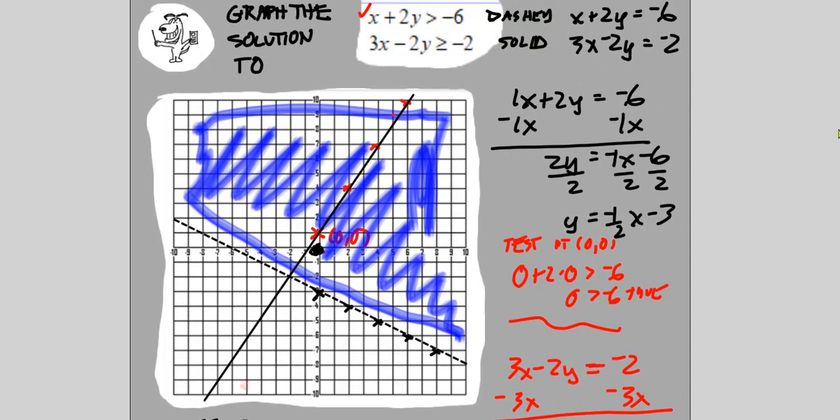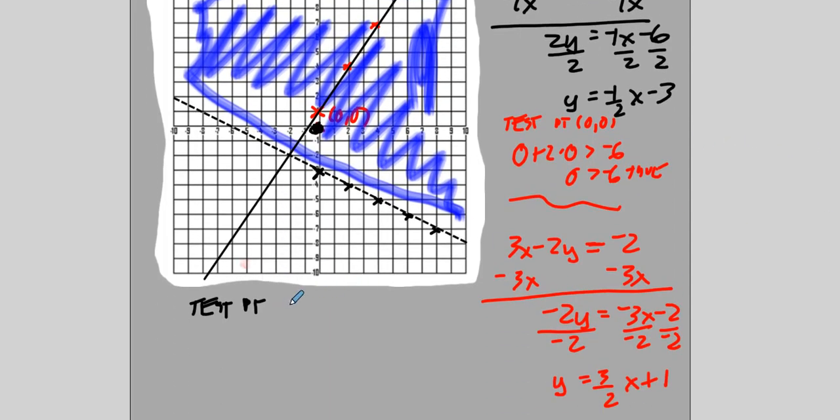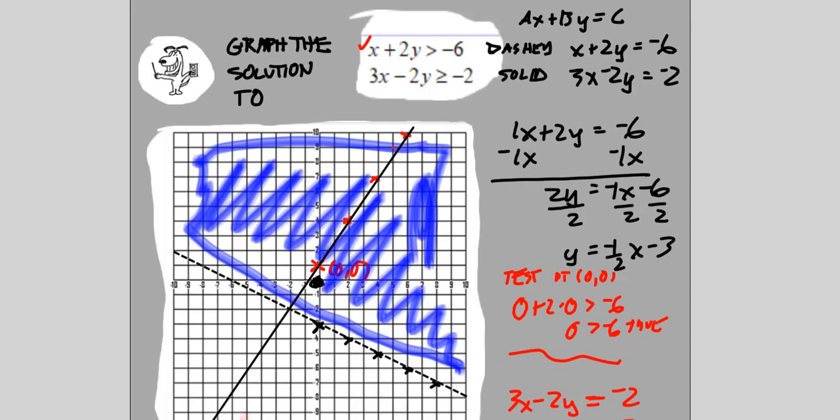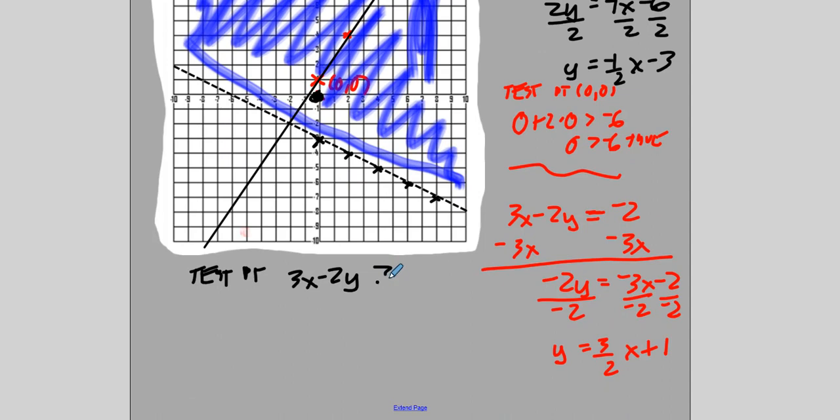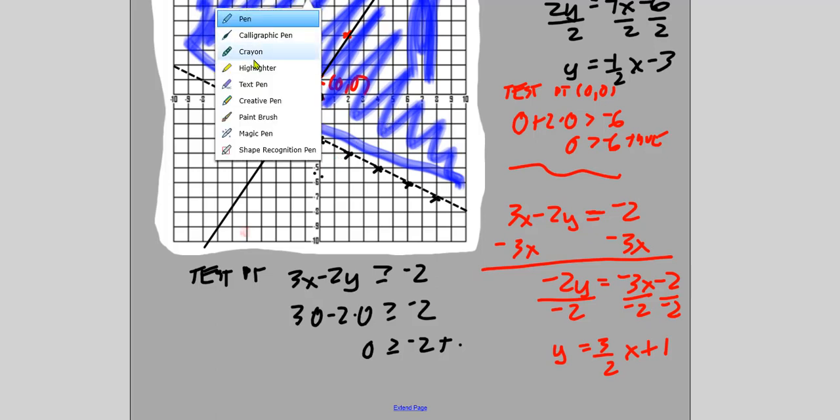The original inequality is 3x minus 2y greater than or equal to negative 2. Plugging in 0 for x and y, we get 0 greater than or equal to negative 2. That is true. So we shade to the right half plane, so that's going to be over in here. Let's do that.